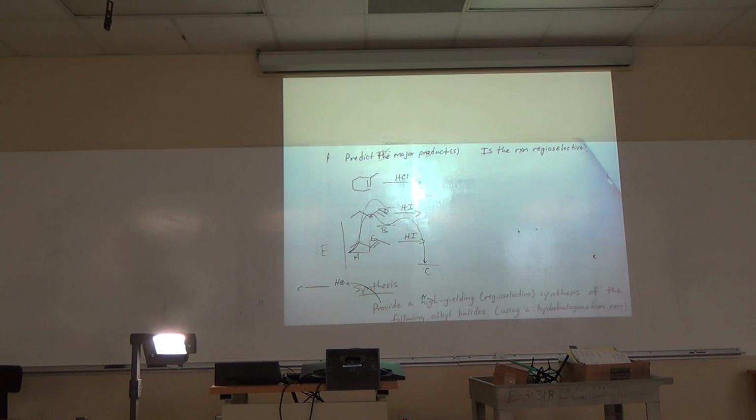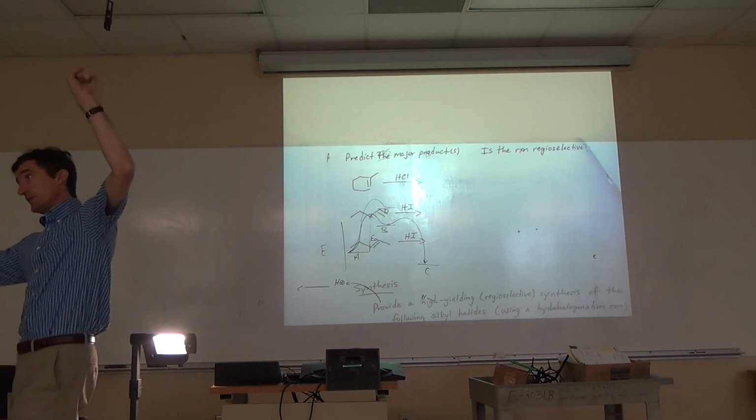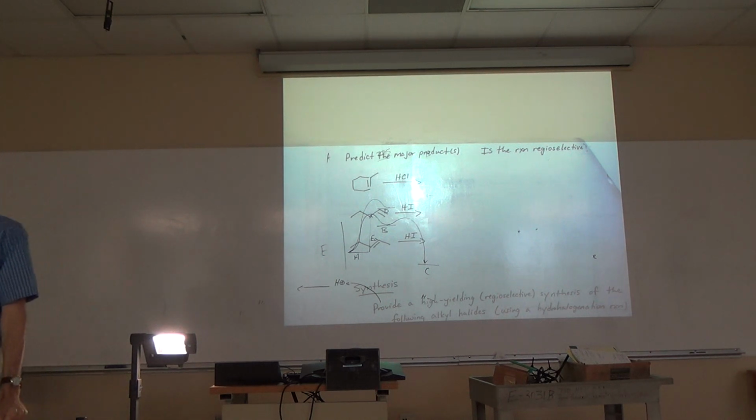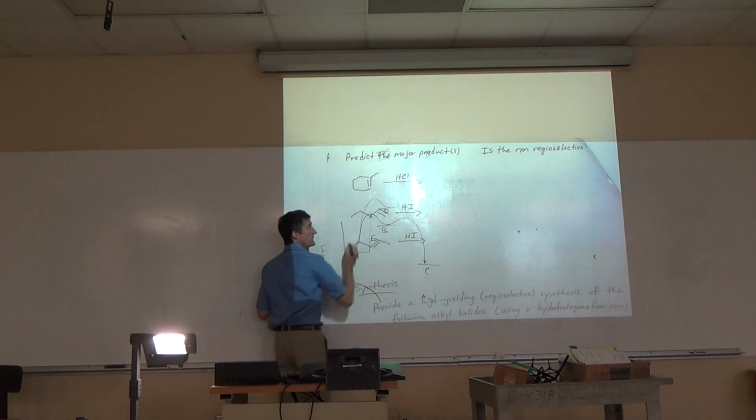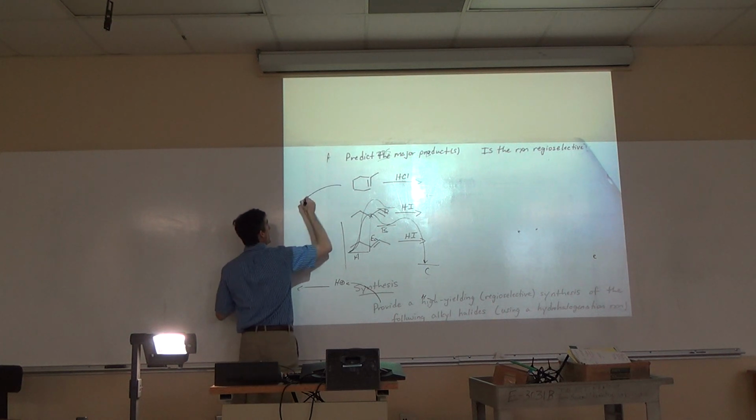It's going to be on one of the alkene carbons. Does it react like this and leave this one as a carbocation? Or does it react like this and leave the other one as a carbocation? Where do you want to make carbocation? Top or bottom? Top. It would be tertiary. All right?